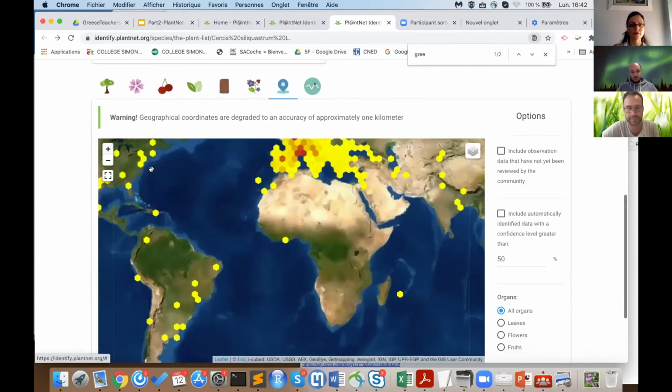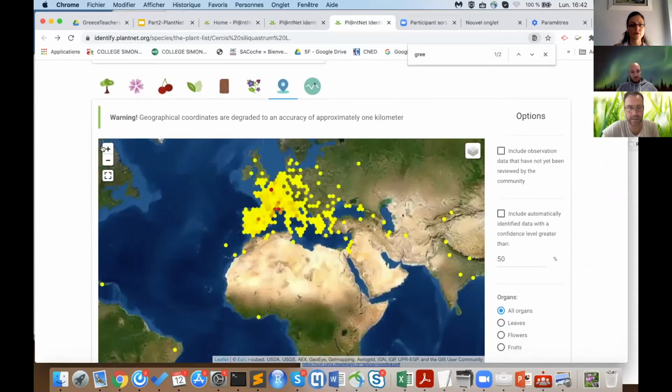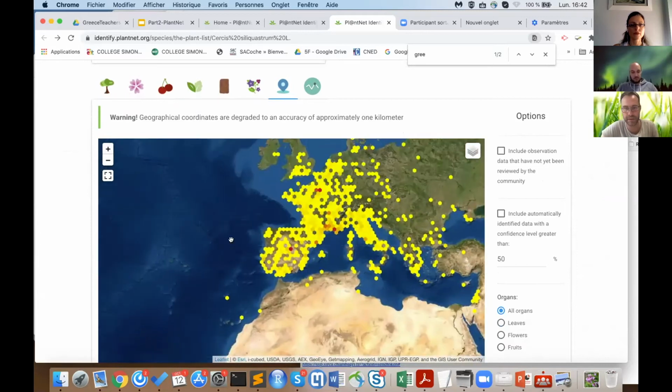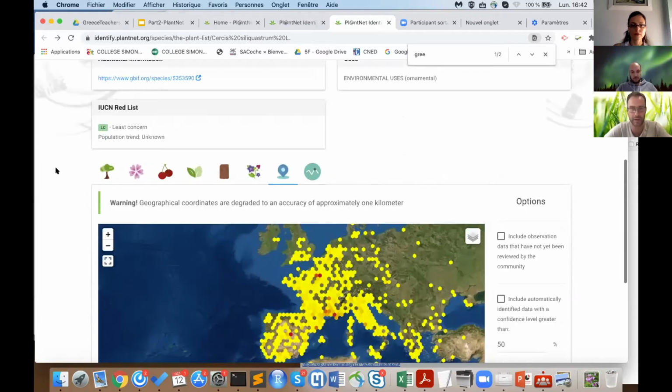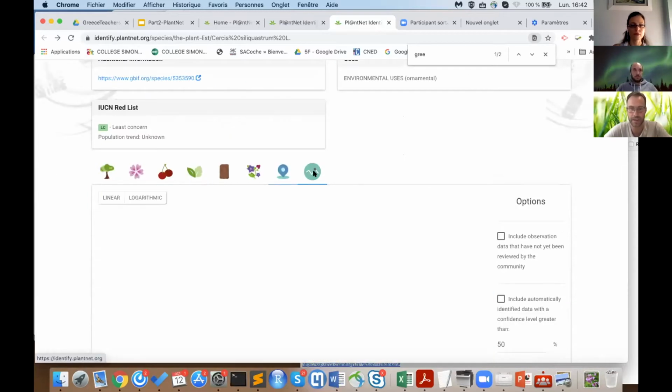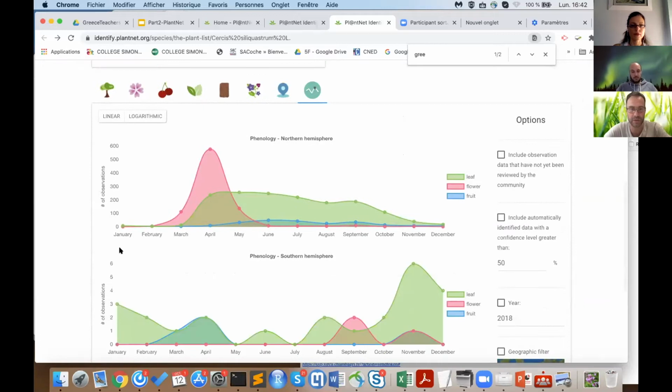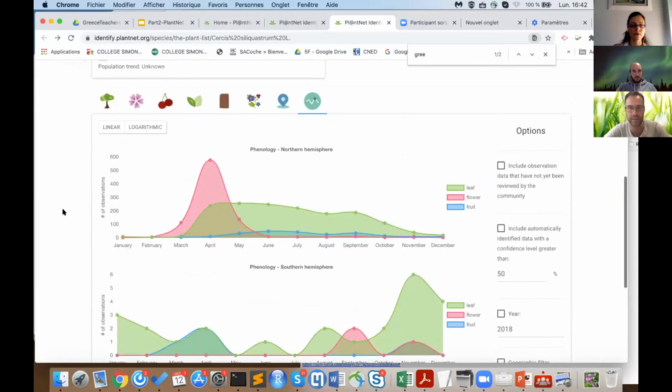All the observations that you contribute to PlantNet will appear on this map if you agreed to the geolocation on your smartphone. You are not obliged to. You can also access some information about the timing of the flowering of the plants, for instance. All this information is called phenology. It's the temporal, the seasonal behavior of the species.